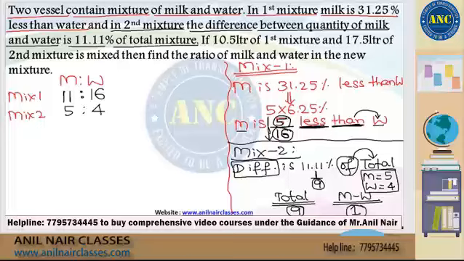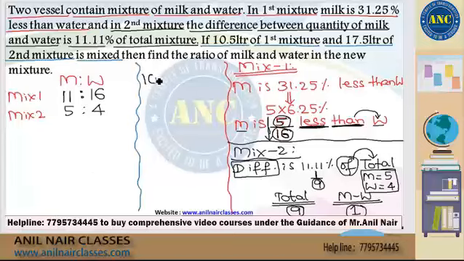Now read the next statement again. The next statement is, if 10.5 liters of first mixture and 17.5 liters of second mixture is mixed. Or in other words, the mixture 1 and mixture 2 are mixed in the ratio of 10.5 liters to 17.5 liters. 10.5 is 3.5 into 3. 17.5 is 3.5 into 5.